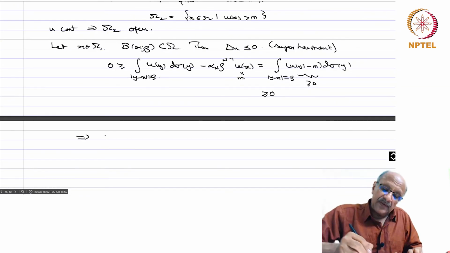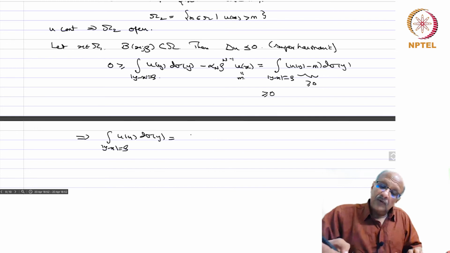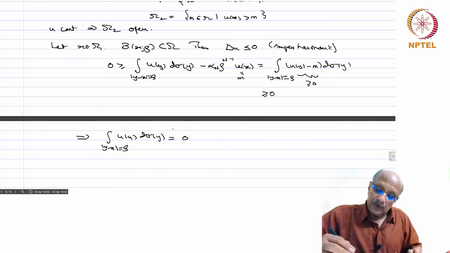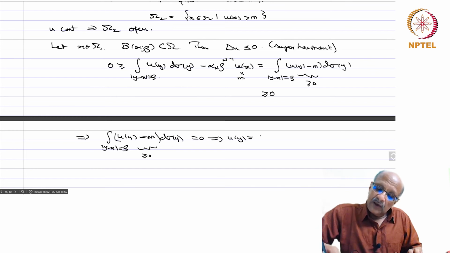So, this implies that the integral of (u(y) minus m) d sigma(y) equals 0, and since the integrand is non-negative, this implies that u(y) equals m for all |x minus y| equal to rho.